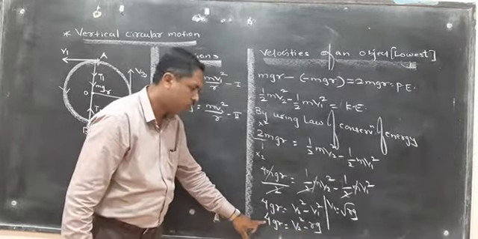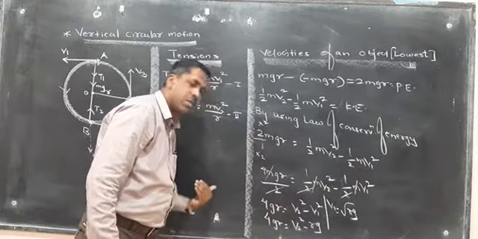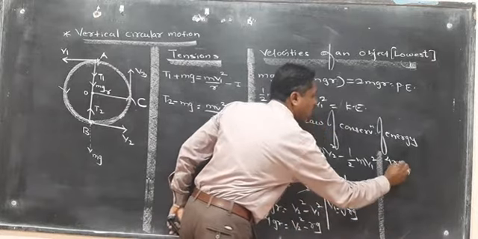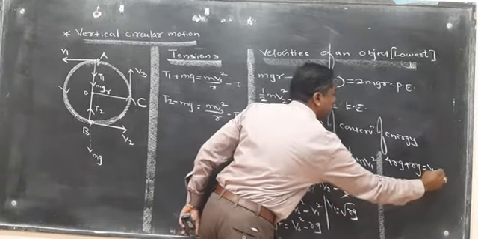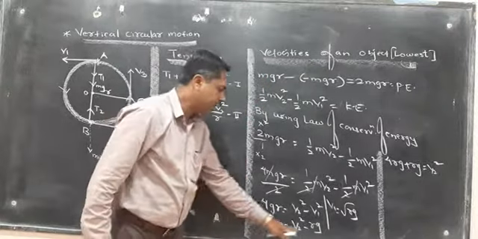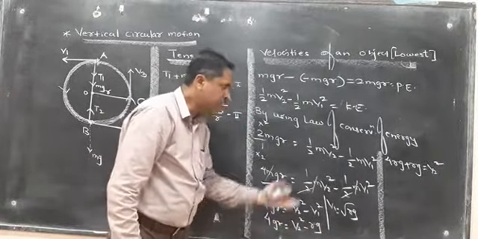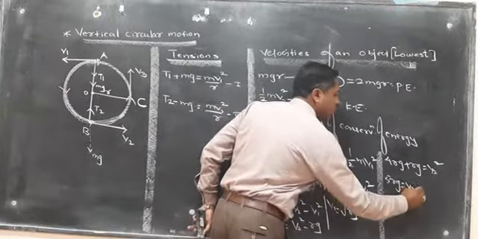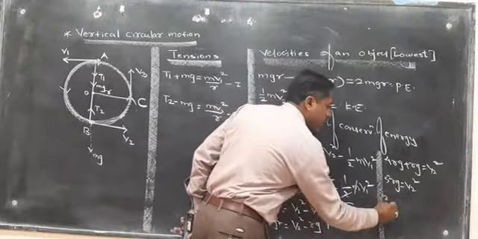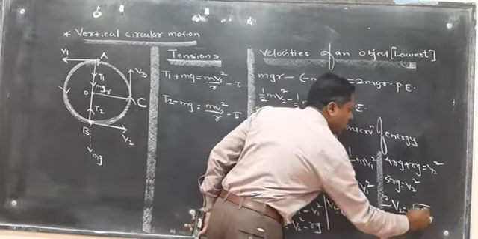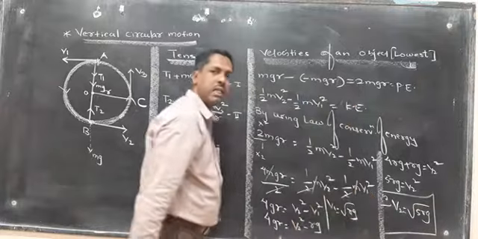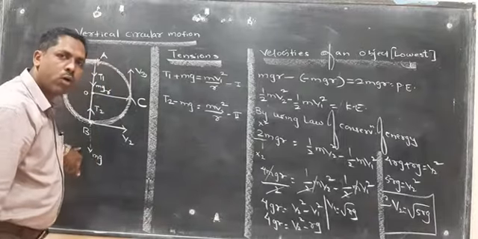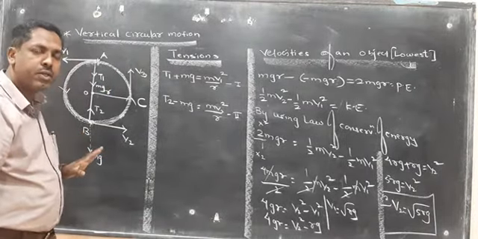So this gr comes to the other side: 4rg plus rg is equal to v2 square. 4rg comes here minus rg, it becomes plus. So 4rg plus rg becomes 5rg is equal to v2 square, or v2 is equal to under root 5rg. This is the general formula for velocity of an object at the bottom or at the lowest position.